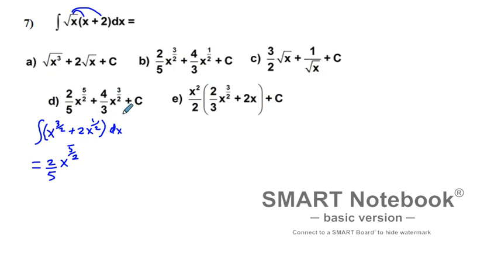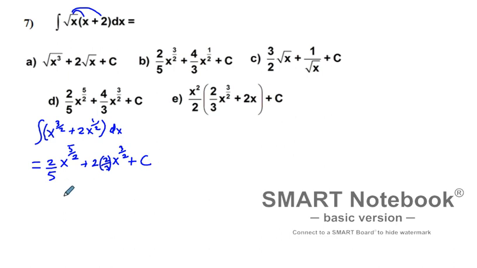And we should already be able to see, I think, mostly from our answer choices, where we're headed with choice D. Plus 2, we have x to 1/2 plus 1, which is x to 3/2. And we divide by 3/2, which is the same as multiplying by 2/3, plus our constant of integration c.